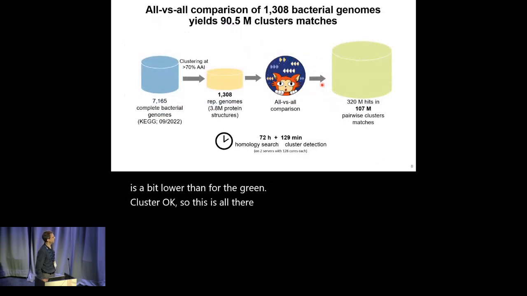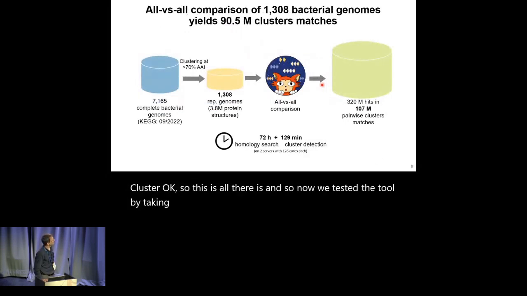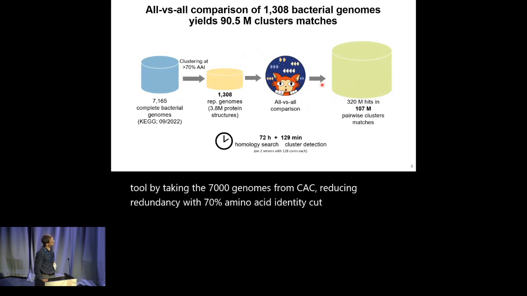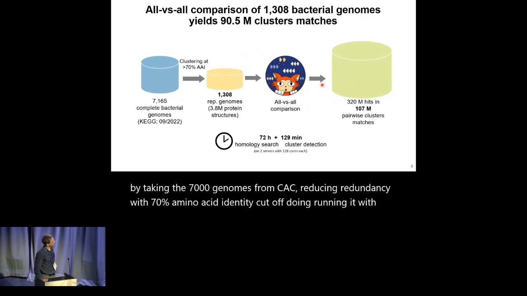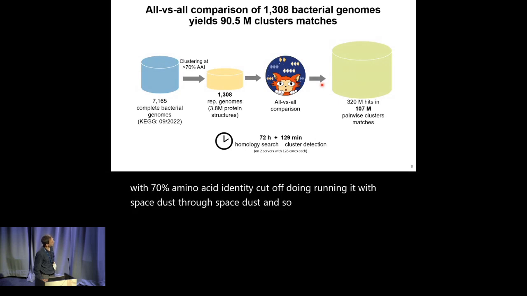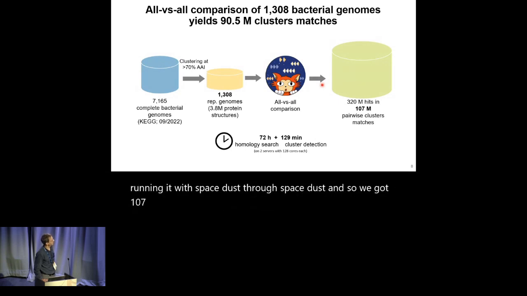And so now we tested the tool by taking the 7,000 genomes from KEGG, reducing redundancy with a 70% amino acid identity cutoff, and running it through Spacedust, and so we got 107 million pairwise cluster matches.